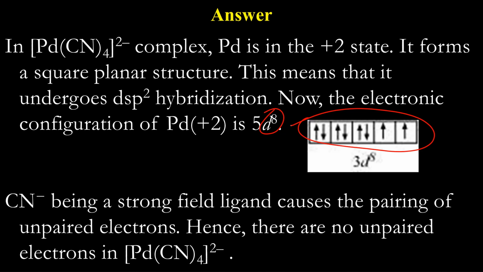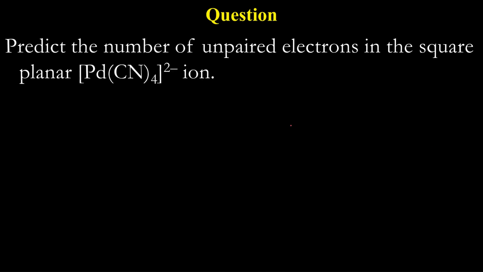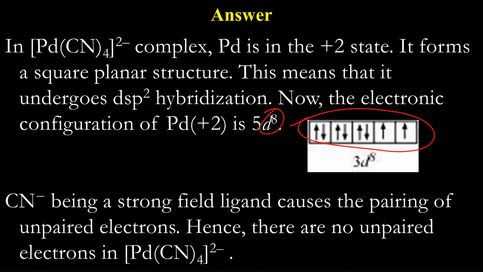Pairing will take place. So predict the number of unpaired electrons, because pairing will take place, this electron will move here, and here there won't be any electron. So no unpaired electron will be there actually. No unpaired electron.